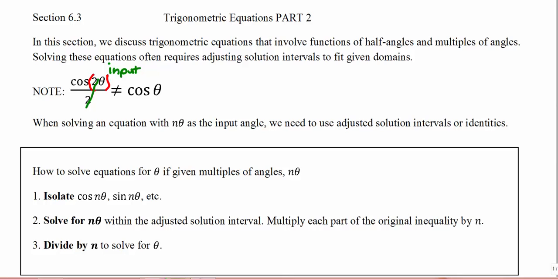So cosine of 2 theta divided by 2 does not give us cosine theta. So we want to be careful that the input angle is not something that we're going to change or divide out by. That is important as we go forward because we need to know how to deal with cosine of 2 theta or cosine of 3 theta or cosine of theta divided by 2 when it's part of the input angle.